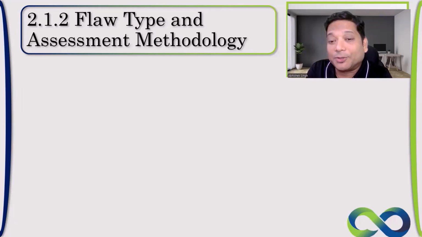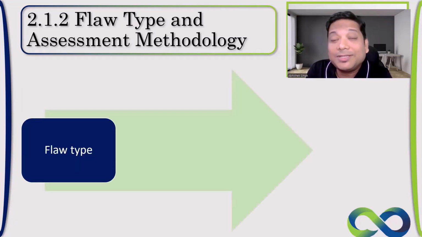Now, before you start the assessment procedure, identifying the flaw type is a very, very important parameter. You have to identify which kind of flaw it is. Once you have decided the flaw type, there are multiple points which we can talk about. We'll see that later, when we talk about the different parts and go for the assessment of the actual flaw.